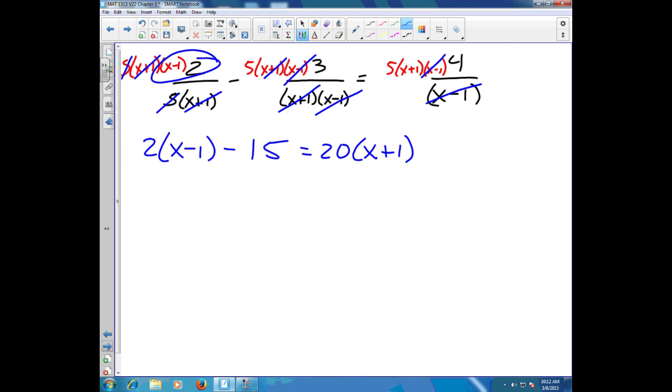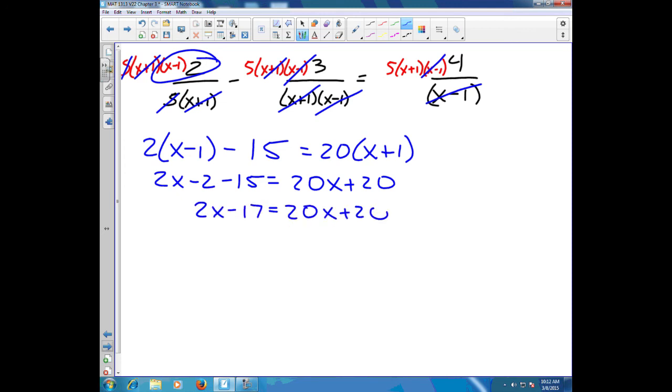Distribute, we get 2x minus 2 minus 15 equals 20x plus 20. And so that's 2x minus 17 is equal to 20x plus 20. Subtract 20x from both sides.